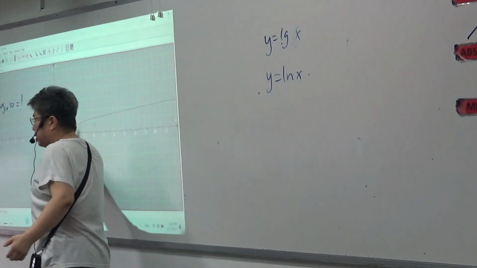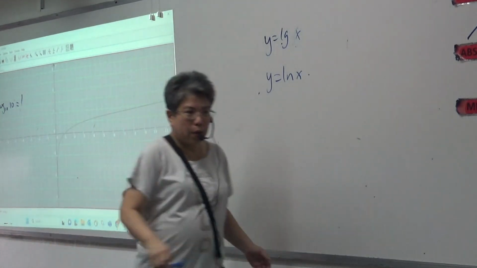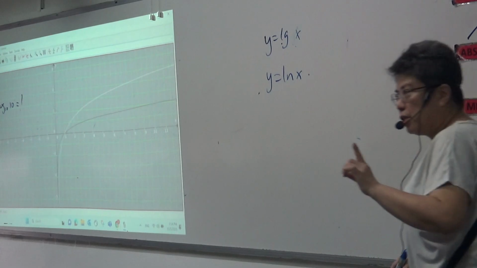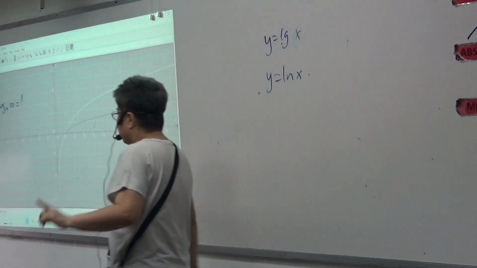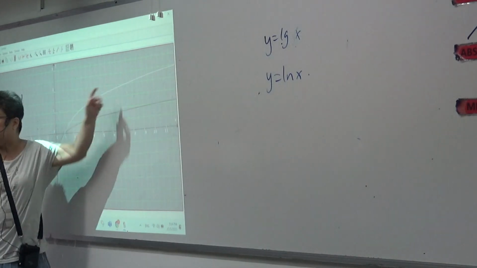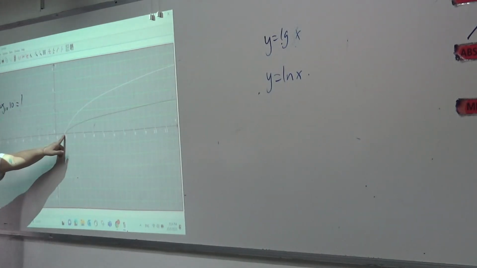Now I'm going to show you log x. This black one is the log x. Can you see the shape is the same? But can you see this one is below, this one is higher. Can you see it also cuts at 1?